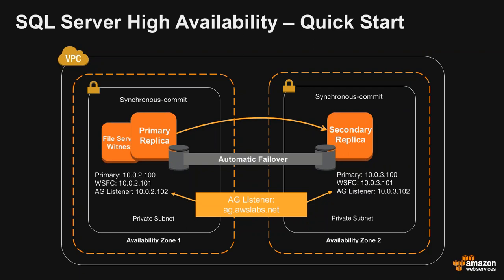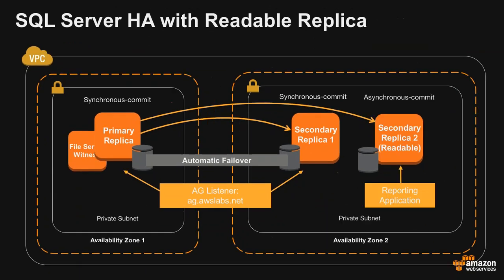One of the ways that we look to help our customers scale is the concept of a read replica. So taking the previous example, we now extend this example with a file server witness and a second replica, but this time configured for asynchronous replication only, since it's only to be used for reporting purposes.